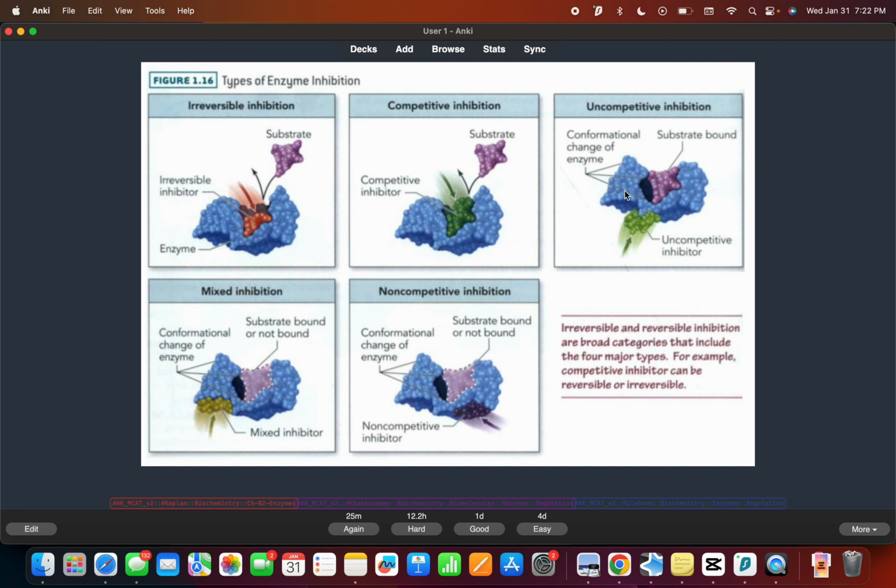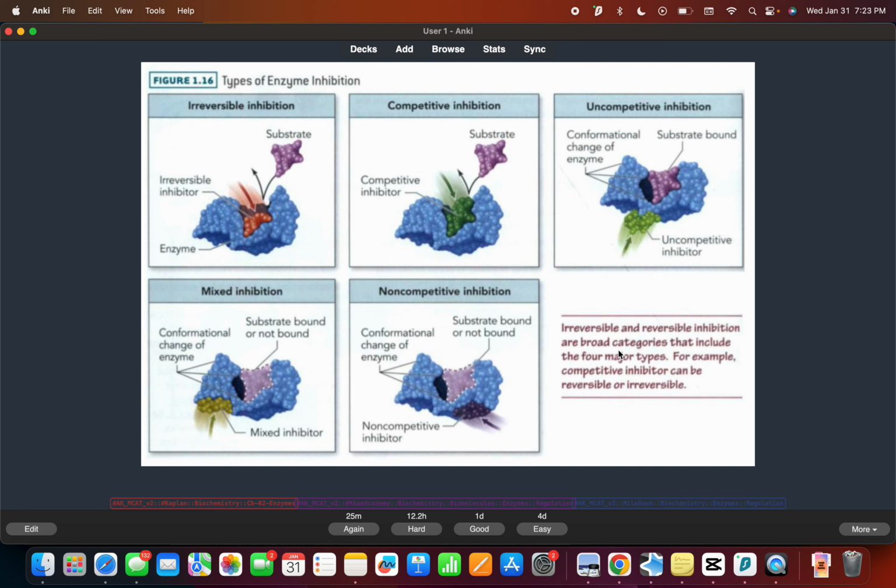The conformational change of the enzyme happens with the uncompetitive inhibitor. This is the second type. The substrate is bound, but the conformation of the enzyme complex has changed. In mixed inhibition, the conformational change of the enzyme happens and the substrate binds or not. Then we have non-competitive, where there is a conformational change of the enzyme, with the substrate bound or not bound.